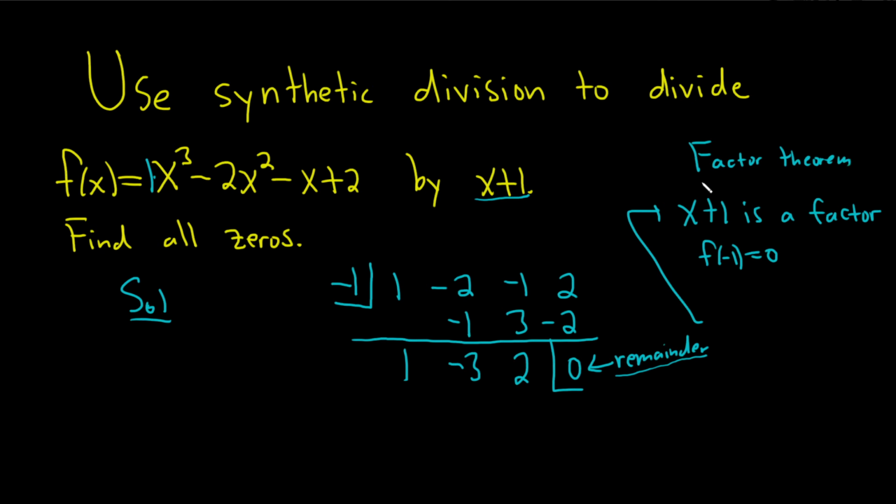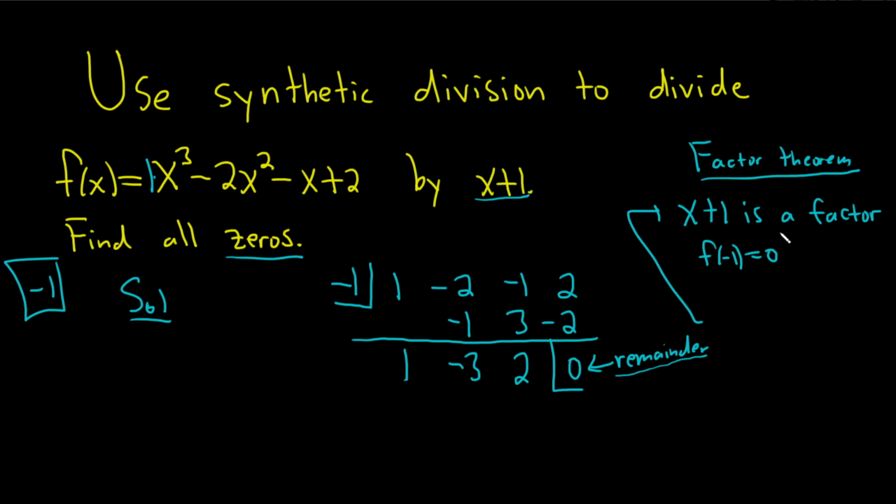It's worth memorizing. Whenever you use synthetic division and you get 0 as a remainder, two things happen. One, you're told that this is a factor. Two, you're told that this is a 0 of the function. So one of the answers is going to be negative 1. That's one of our zeros because we got a remainder of 0.